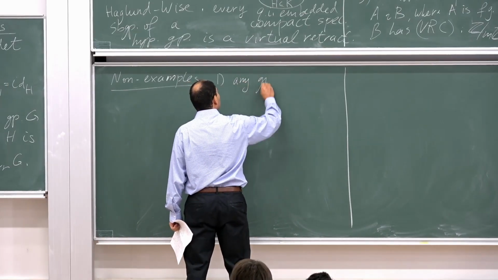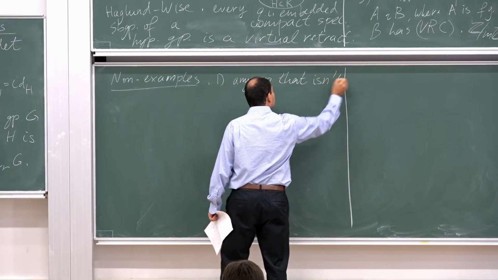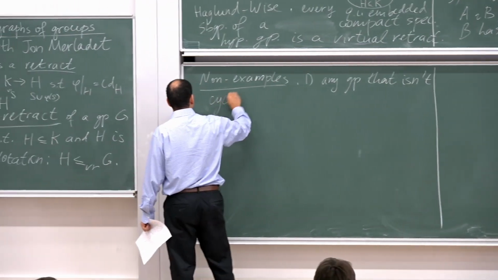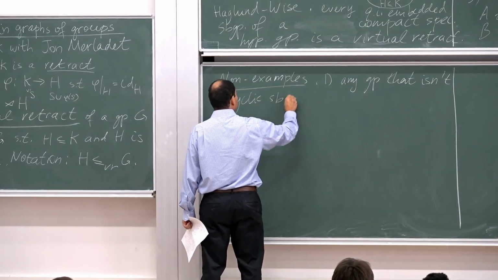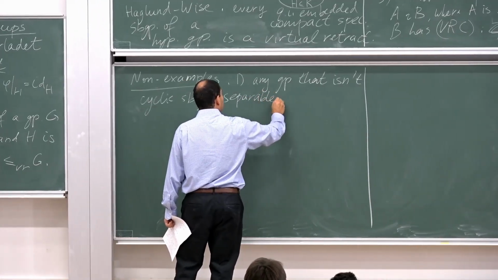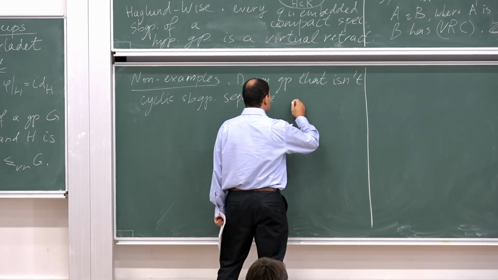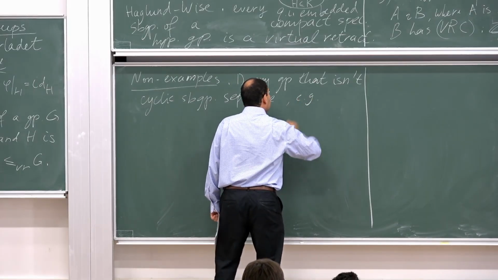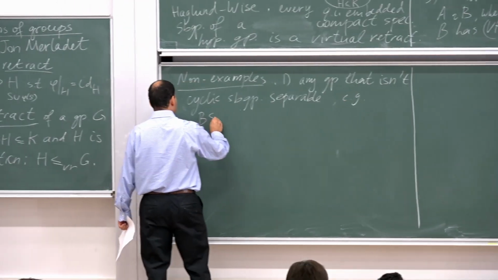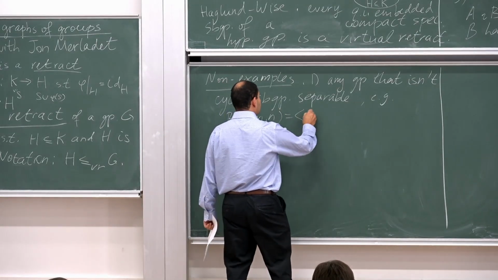So any group that isn't cyclic subgroup separable, and what are the basic examples, or is not residually finite for that matter. Of course the Baumslag-Solitar groups, the non-Euclidean ones.